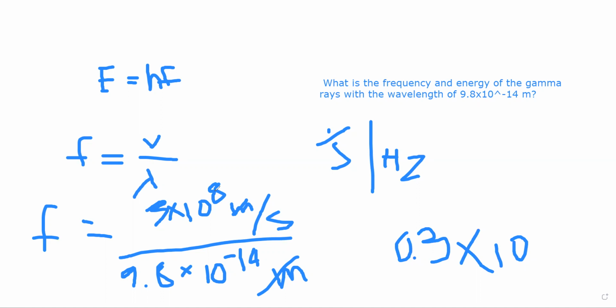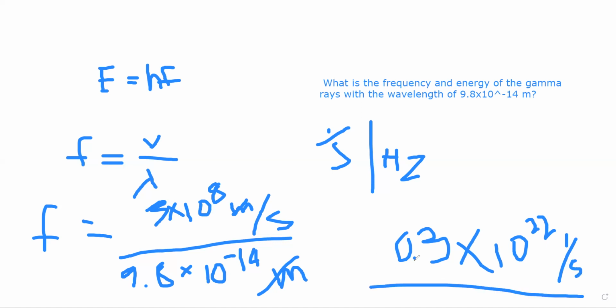So subtract the 8 and the negative 14. So 8 minus negative 14, we have the positive 22. So that our unit will be cycle per second. So that is how to get the frequency.